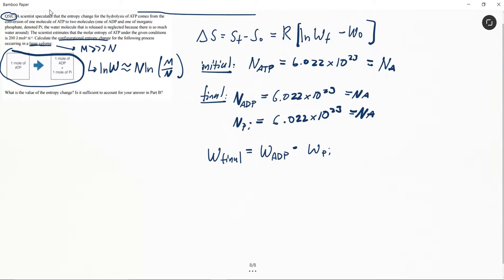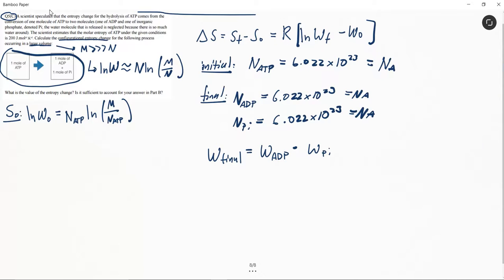So from there, let's plug in what we know into this formula. Let's deal with S initial first. S initial is equal to R ln W initial, which is basically just the ln of the multiplicity of ATP, equal to N ATP ln(M over N ATP).